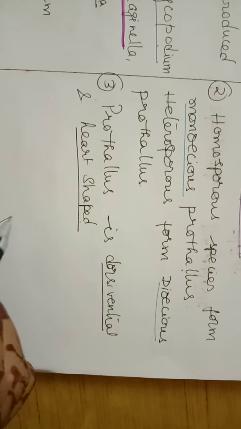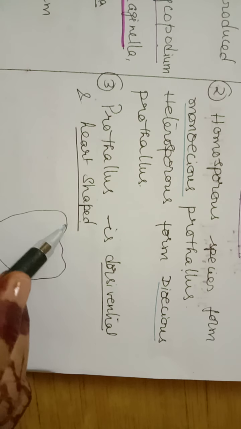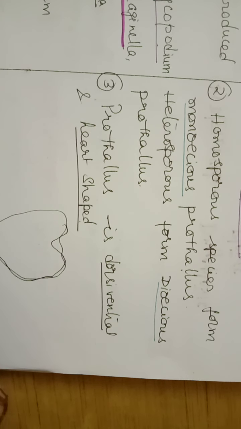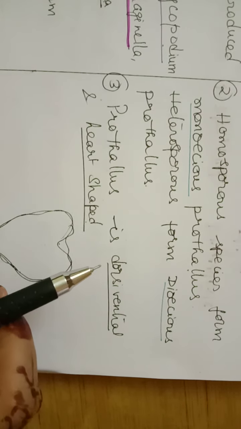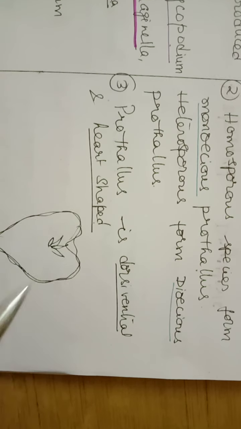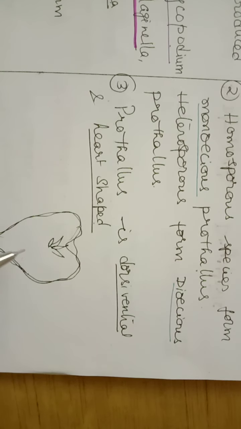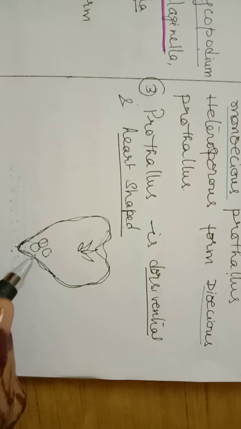If we observe a monoecious prothallus, this prothallus is generally heart shaped in this way, and just near the apex, archegonia are present, and towards the base, it shows the presence of antheridia.